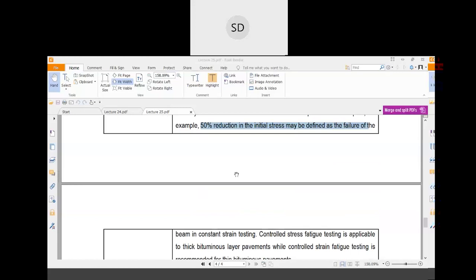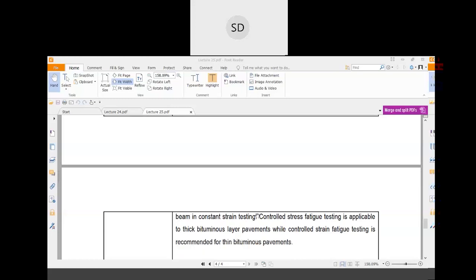In constant strain testing, you are constantly straining the specimen. Whenever the stress is reduced to half of the initial stress, you will consider that the specimen has failed. Whatever number of repetitions there are at that time is your total fatigue life, or the total repetitions required for the failure of the pavement.